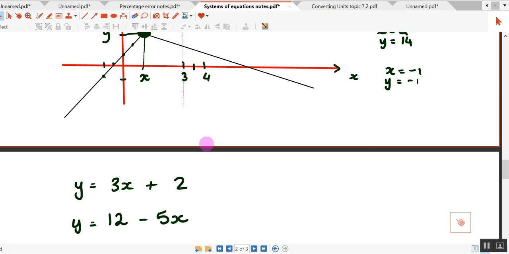How many possibilities are there? If I put a 3 in for x, how many possible options for y are there? Only one. They go as a pair, right? If x is -1, y has to be -1. So if I put a value of x in, I get a value of y out.